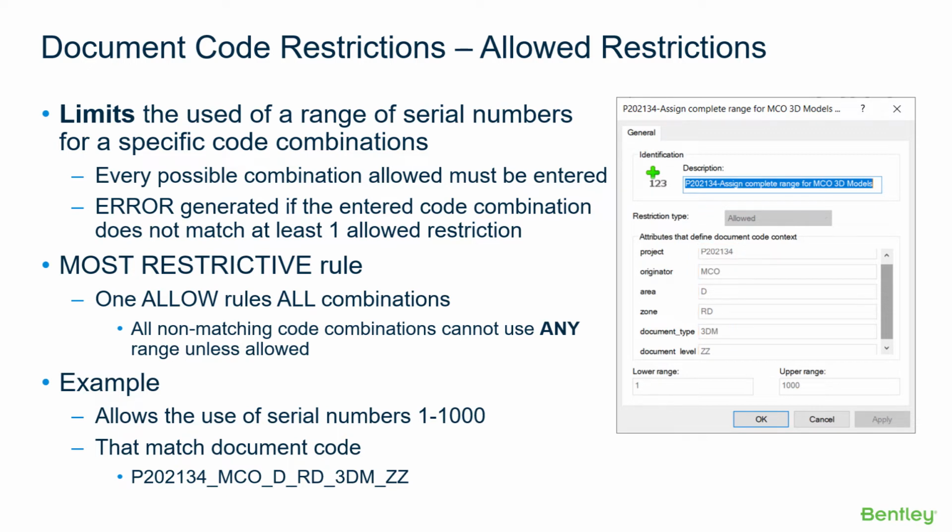Once this is applied, ProjectWise will not allow any document to be created in this environment that does not match this code. To allow for other documents to be created with different code combinations, every possible combination must be entered.